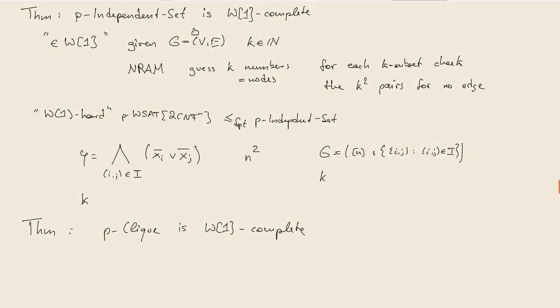In essence, you can literally copy what we have here. The difference is that here you should replace "no" by "has an edge", and here you should replace it: we add an edge to the graph whenever there's no such clause. And then you're done.